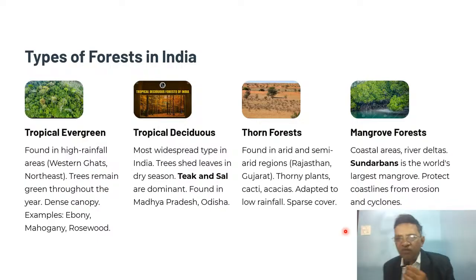It is especially found in coastal areas, river deltas, like the Sundarbans, the world's largest mangrove, which protects the coastline from erosion and cyclones. So you have to remember the typical plants and what type of forest they belong to. Okay, so this is the thing. Then we'll go to the next slide.